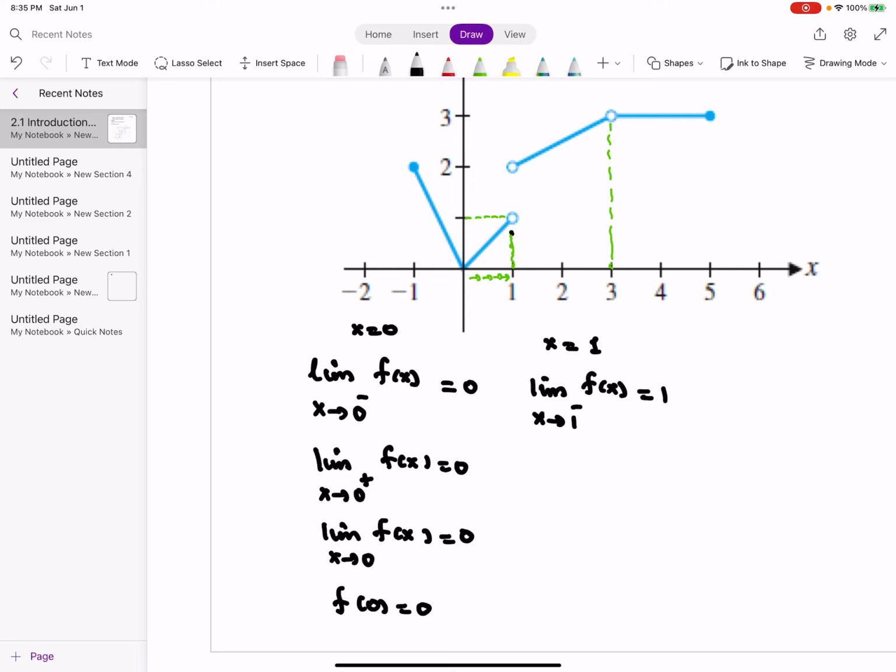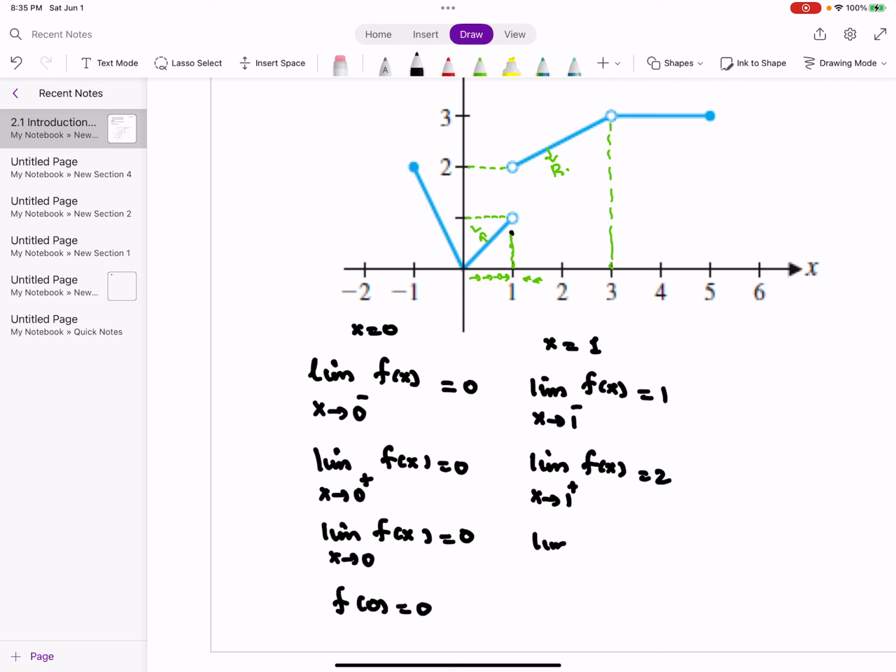From the graph, limit of x approaches 1 from the right side of f of x. Now look at the right side. This is the right side, this is the left side. On the right side, you will see a point which is 2.